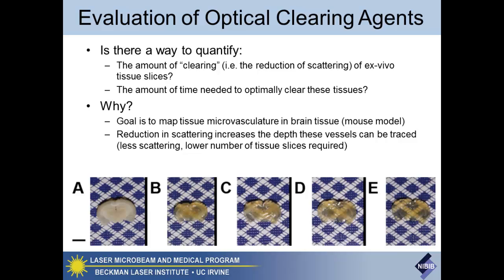The long-standing goal was to map the entire brain in terms of its microvasculature. In microscopy, I think the original papers had thousands of slices, so the goal was, can we just do 10 slices? That would save a lot more time. But you had to understand exactly what the mechanisms behind this were.